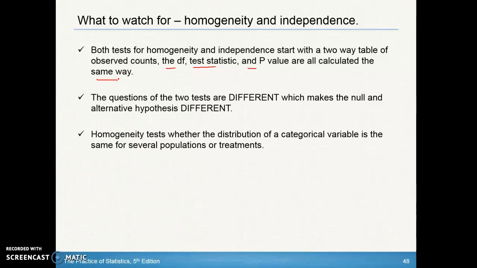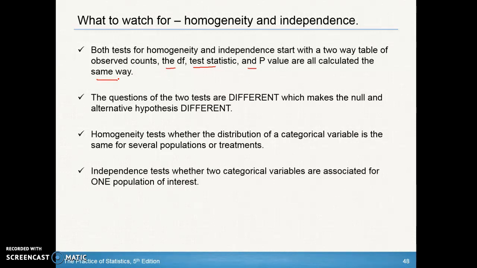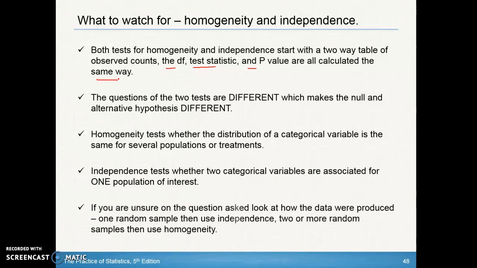Remember, a test of homogeneity tests to see whether the distribution of one categorical variable is the same across multiple populations, versus an independence test tests whether two categorical variables are related or associated for one population of interest.